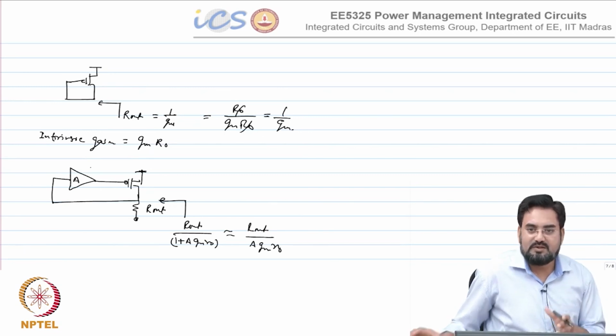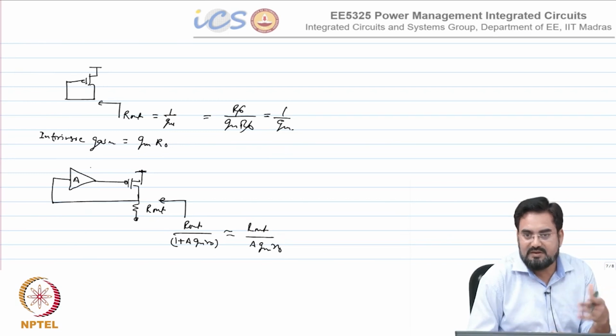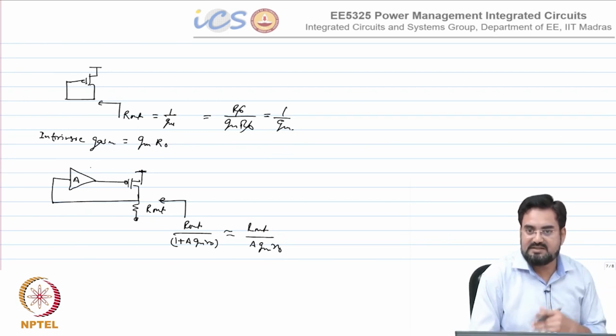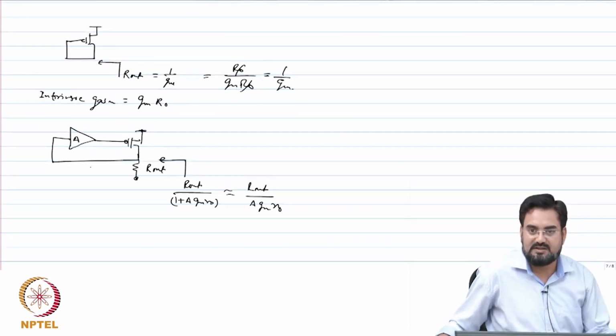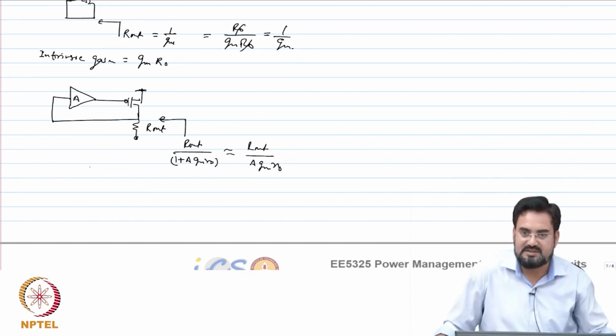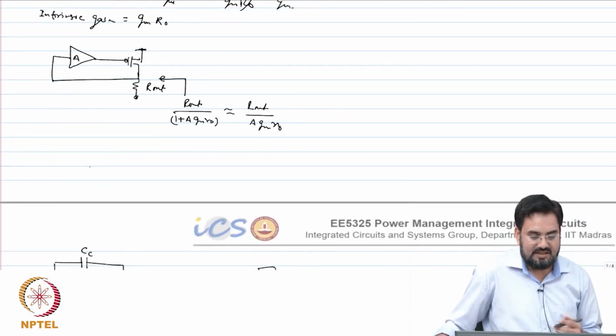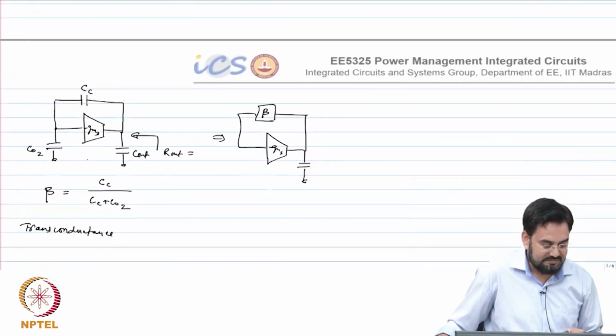So, which means your transconductance is amplified. In other words, you can say that R out is scaled down, but GM is increased. So, that causes a GM boosting actually. With feedback, there are a lot of circuits we use for GM boosting. Just like impedance boosting you get to increase the gain, you use this for GM boosting.